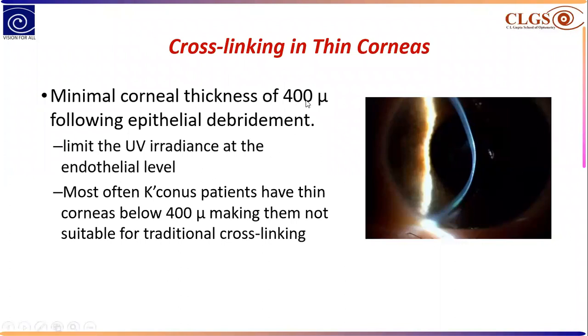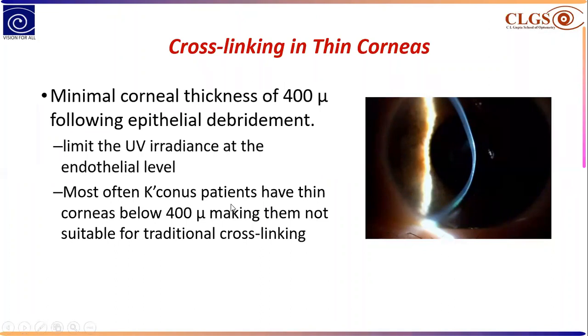Why is this thickness required? As I said in my earlier slides also, we need this much thickness to limit the UV radiation from reaching the endothelium. You don't want UV radiation to reach the endothelium, because it can damage the endothelial cells. And we know that once endothelial cells are damaged, they cannot regrow.